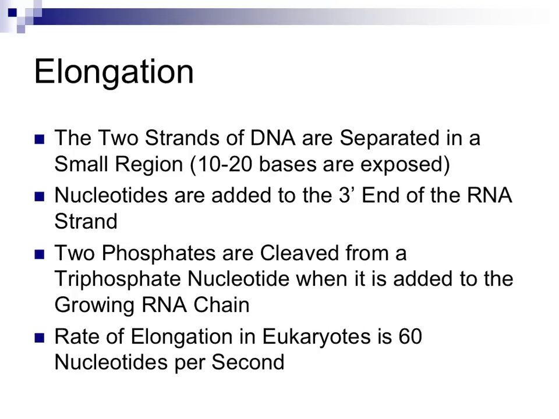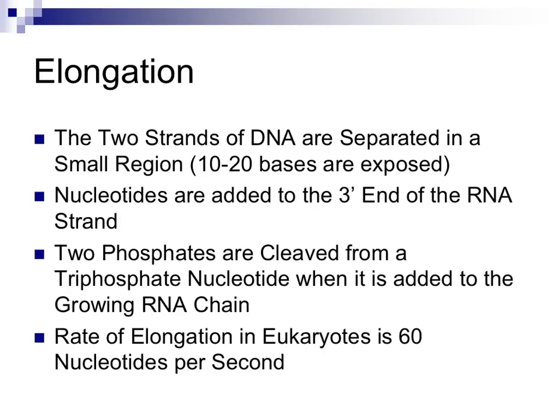All right, with elongation, the two strands of the DNA have been separated by the helicase activity of the transcription factors. So the two strands are separated in a relatively small region. Here it's only 10 to 20 bases on average that are actually exposed. So there's not a large degree of separation between the two helical strands.